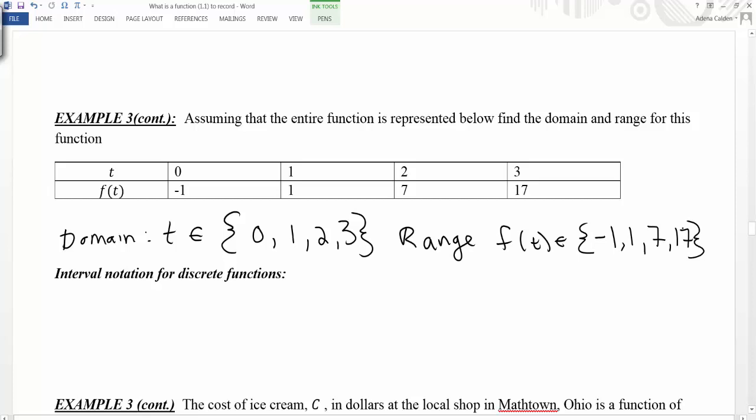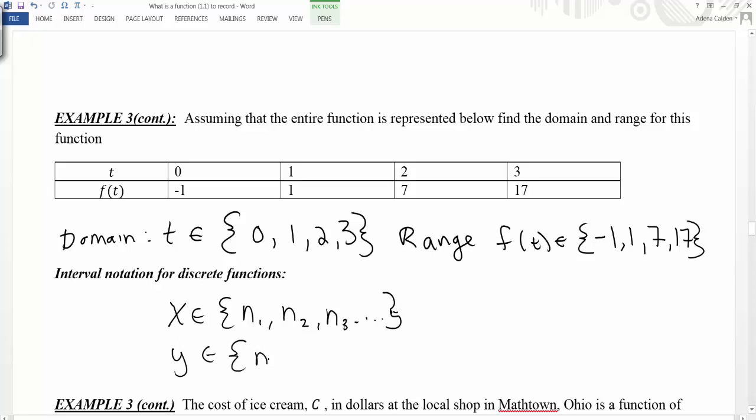So interval notation for discrete functions is going to list sets of numbers. So usually when we do this in general, we say x is an element of, and then we say something like n sub 1, n sub 2, n sub 3 to represent the different numbers that x can take on. Same thing when we talk about the range.